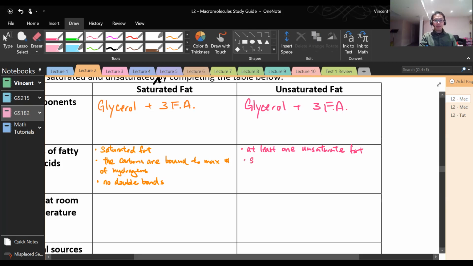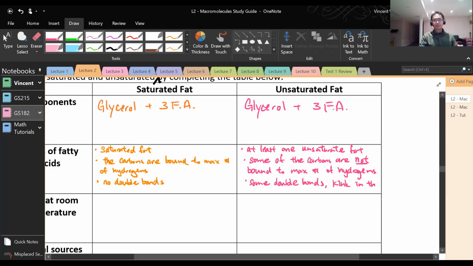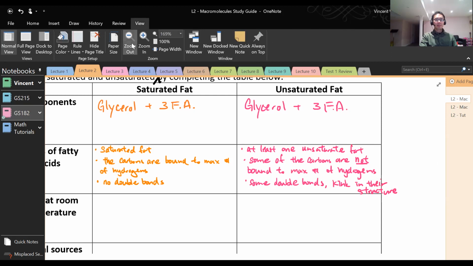That means some of the carbons are not bound to the max number of hydrogen. They have room for more hydrogen. And then there are going to be some double bonds, and then there's going to be a kink in the structure. So what does it mean, right?